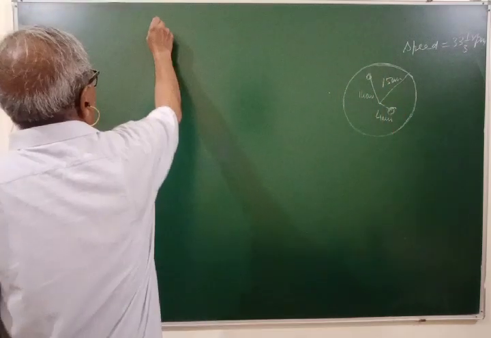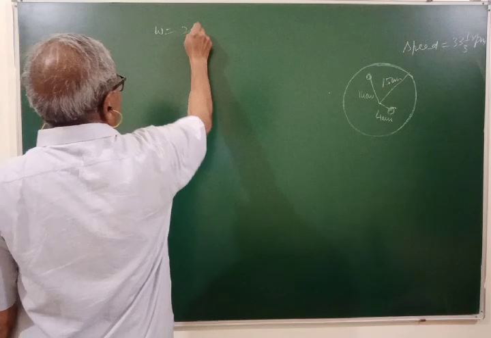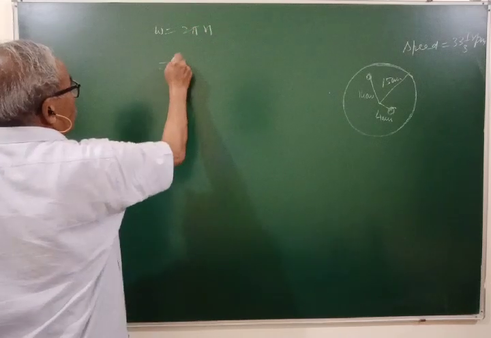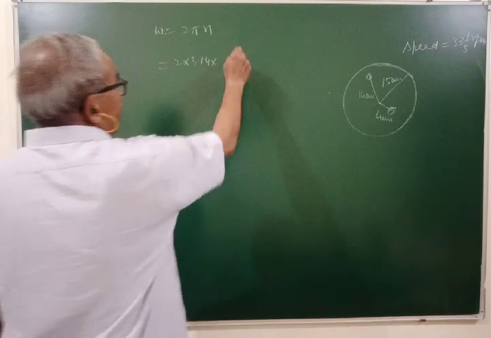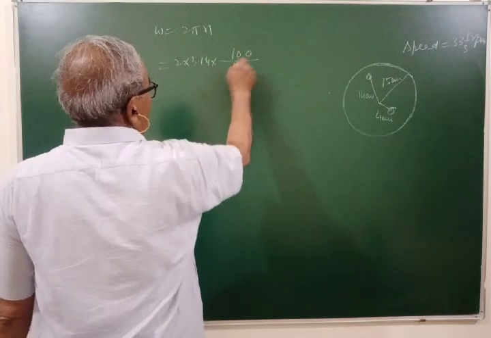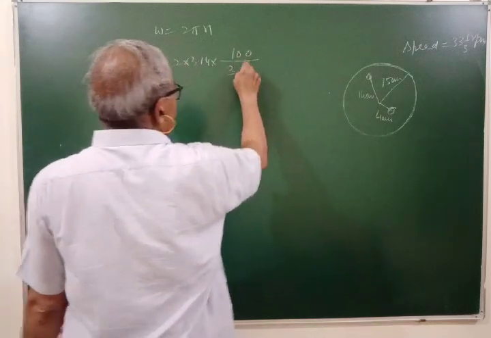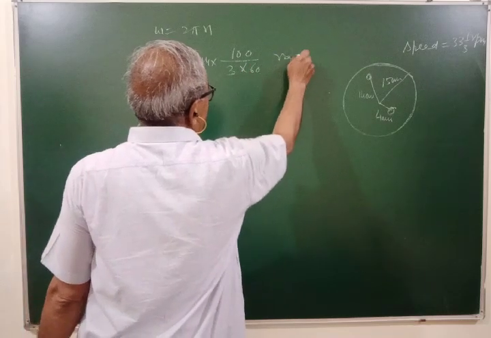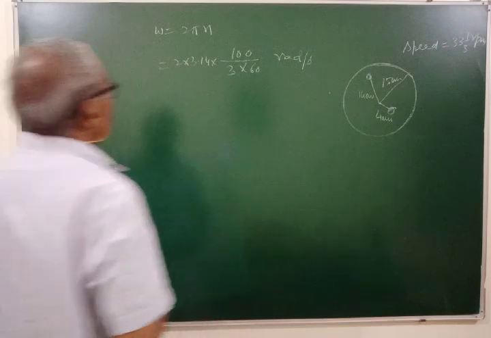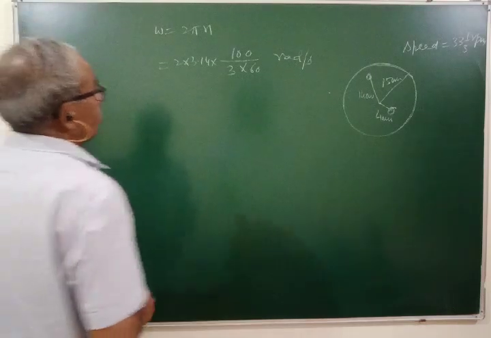So the angular speed omega is 2 pi n, 2 into 3.14 into n. It is 100 by 3 revolutions per minute, per second divided by 60, so how much will the angular speed come out in radian per second? How to solve this?